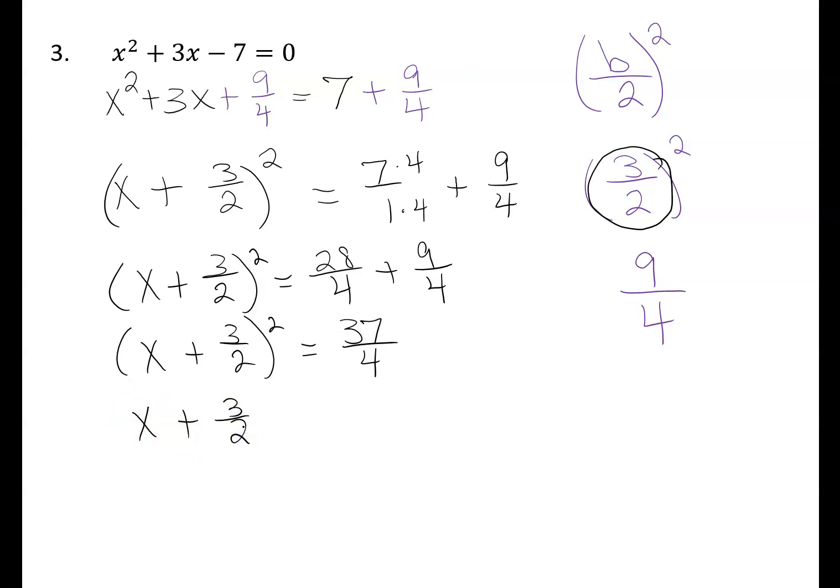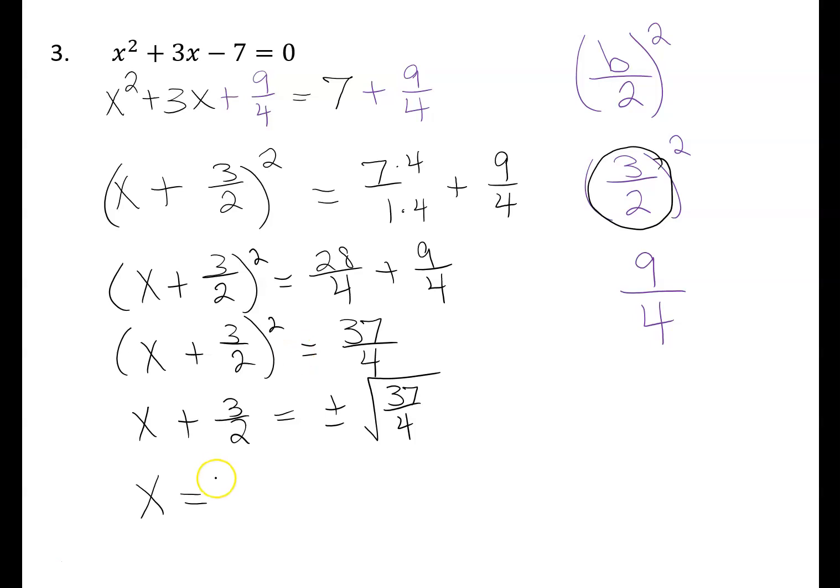So we square root the left side, and we put plus or minus square root of the right side. Now, for simplifying the radical, 37 has no perfect square factors, so it's going to have to stay under, but 4 is a perfect square. So I'm going to do two things in the same step here.